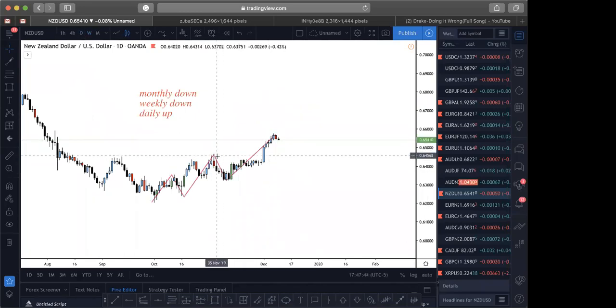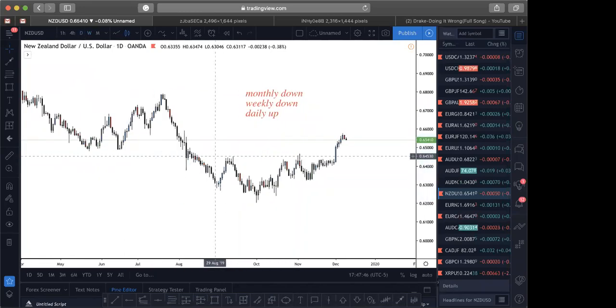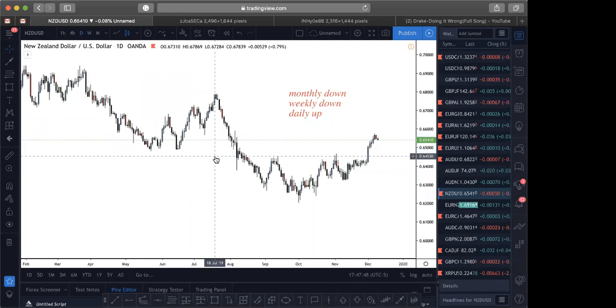So having that information, we know that the market has to eventually turn bearish to continue the weekly and monthly trend, right? So we don't get caught up in the daily uptrend. We want to make money, so we want to go with the bigger trend, right? The higher time frame, right?